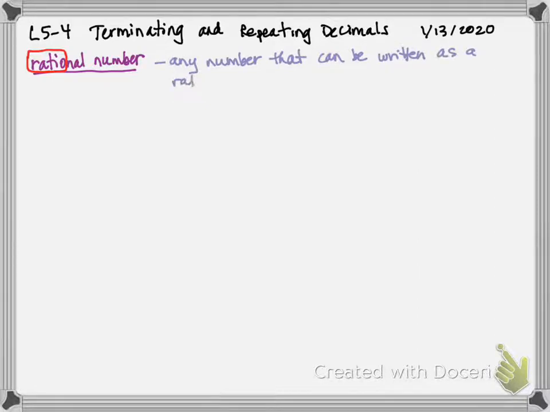So there's that special word, ratio. And then we talked about in chapter 4 that a ratio is a fancy word for fraction. So rational numbers, any number that can be written as a ratio, so a value being divided by a value.